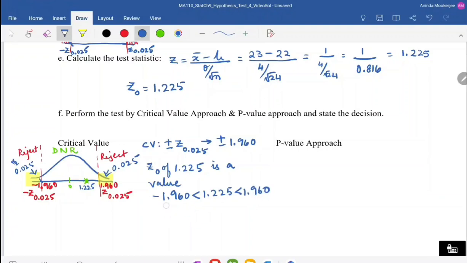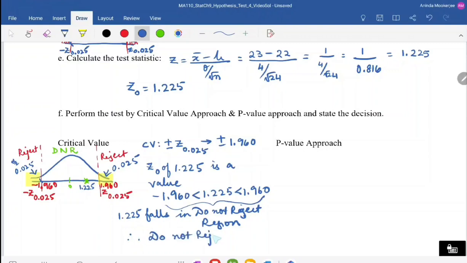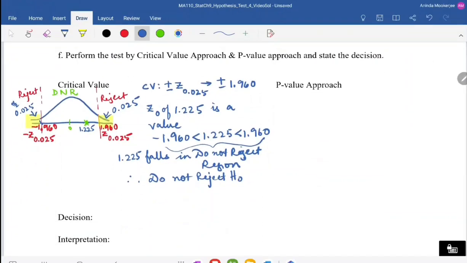All right, you can state it like that also, but you do have to say that the test statistic value falls in the do not reject region, therefore do not reject the null hypothesis.